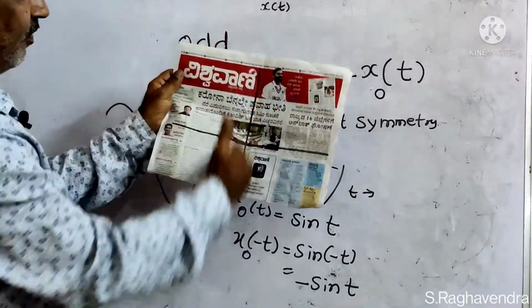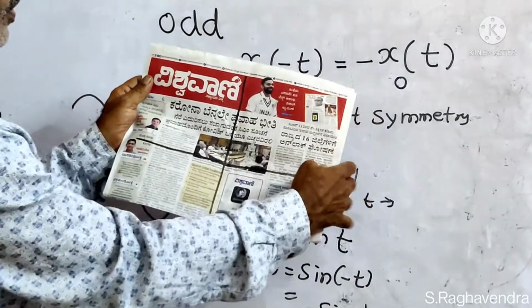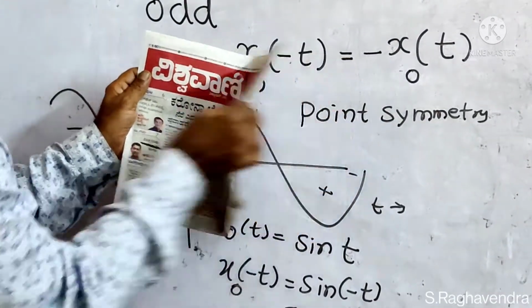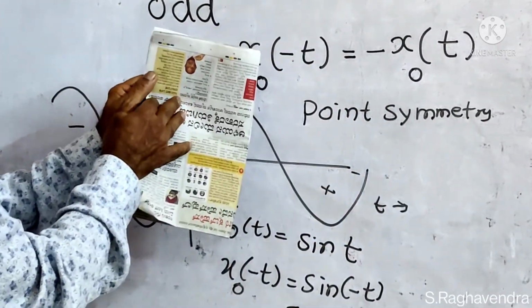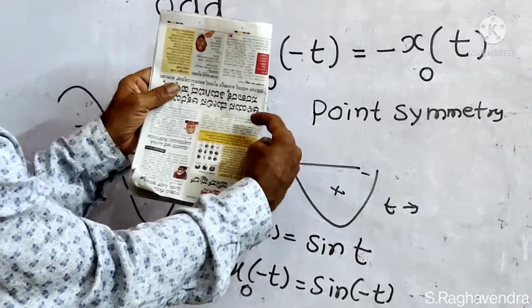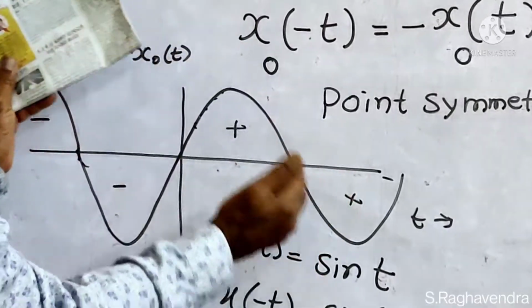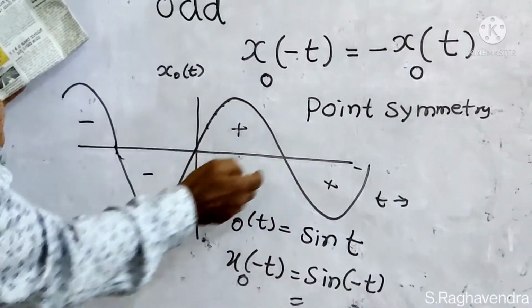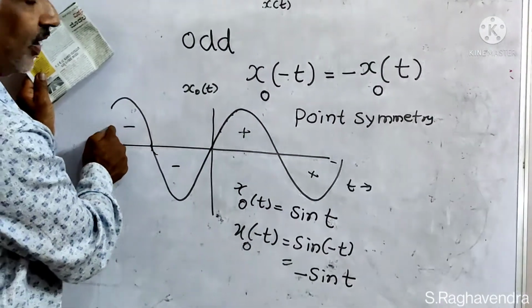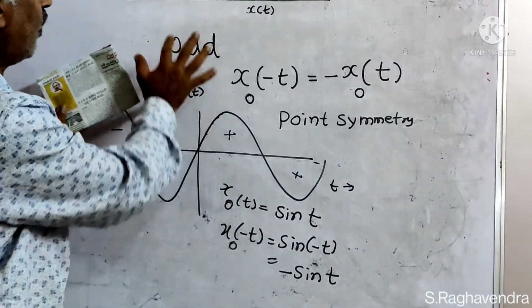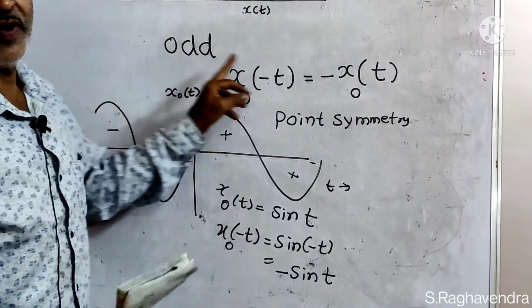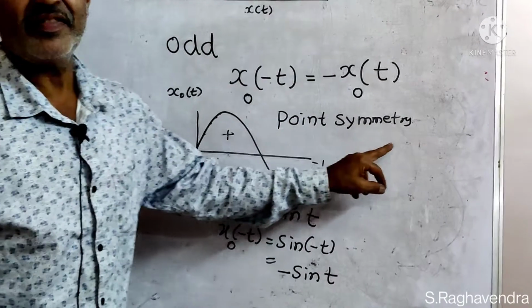So this is the y-axis, this is the x-axis. Once you fold it like this, next, you fold once more like this. Then the positive portion exactly fits over the negative portion. This is what is known as odd function or point symmetry.